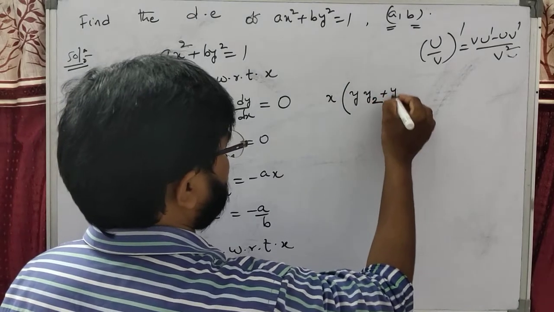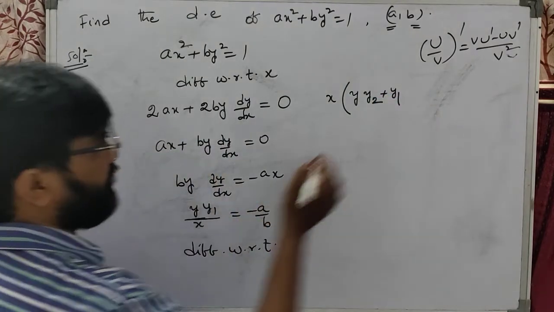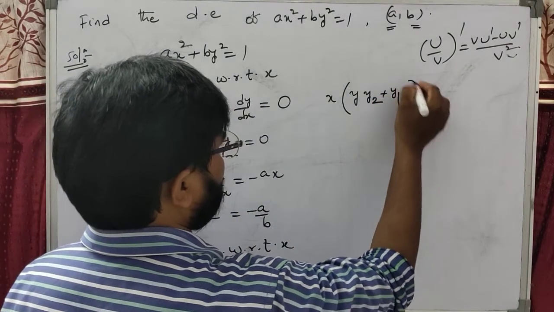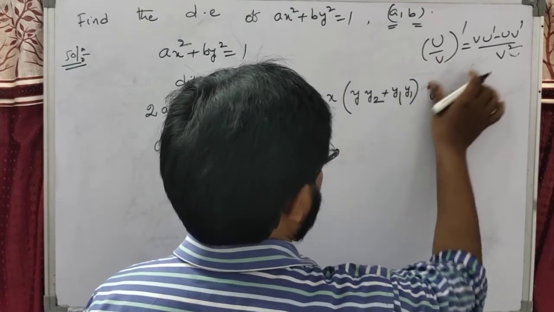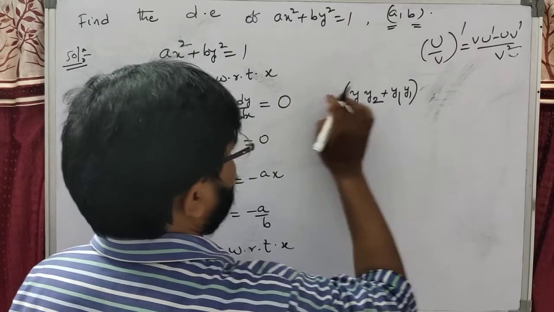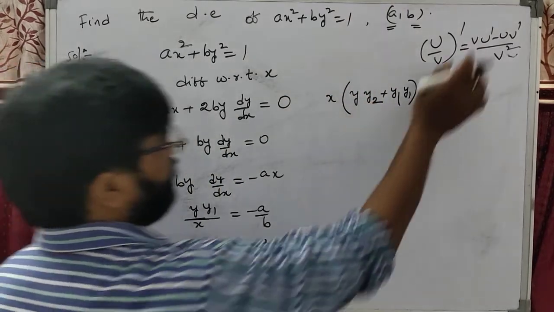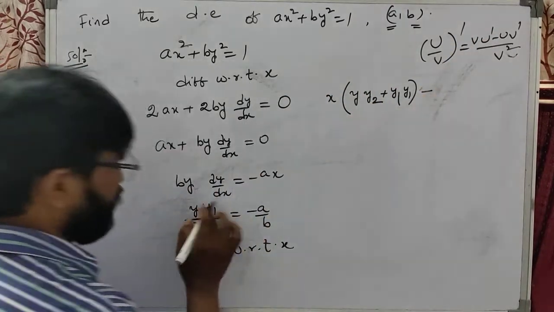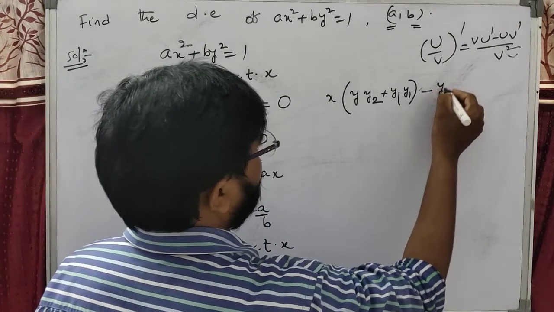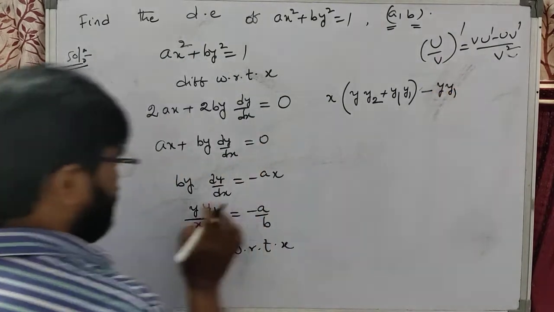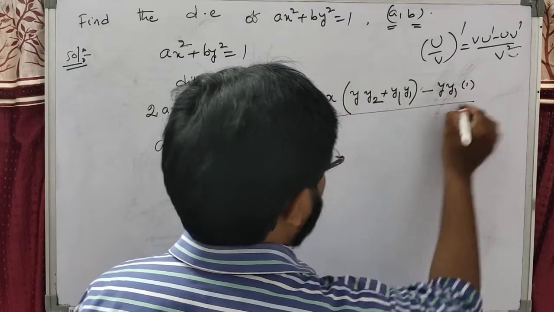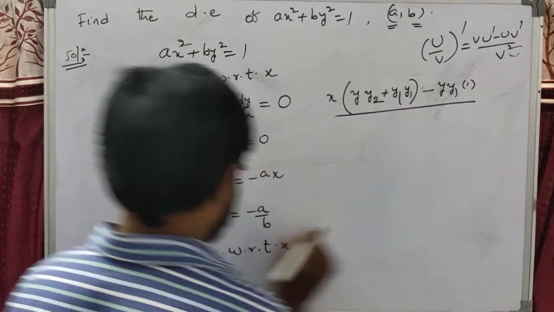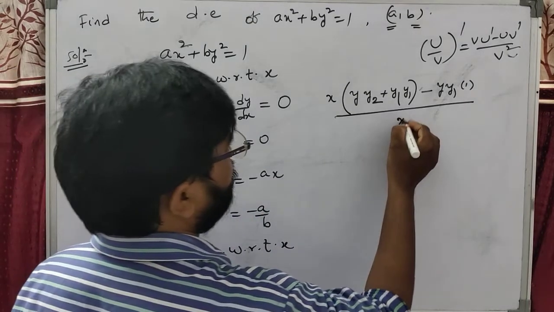Now we write y1, the derivative of y is y1, plus, dear students, minus u, which is y1, into the derivative of x, which is 1, whole by x square.